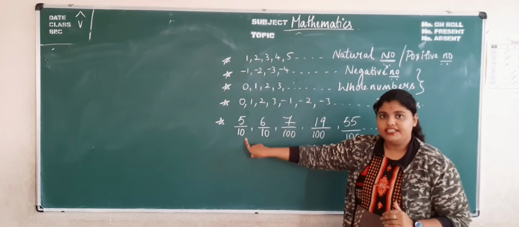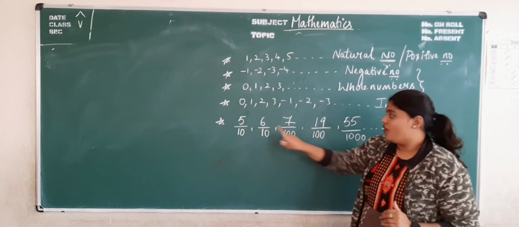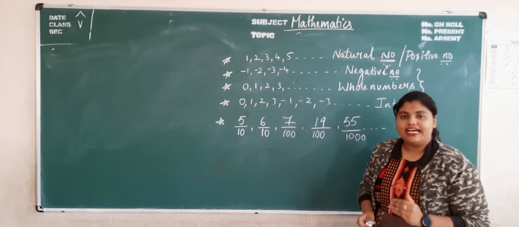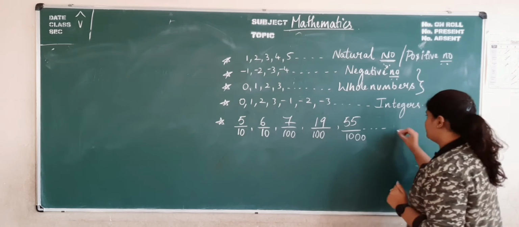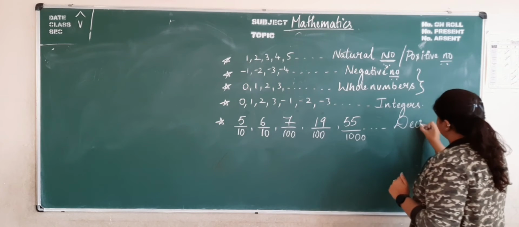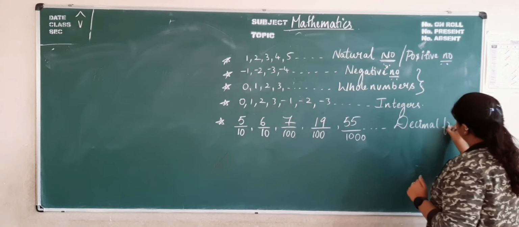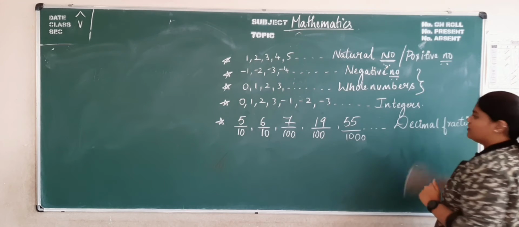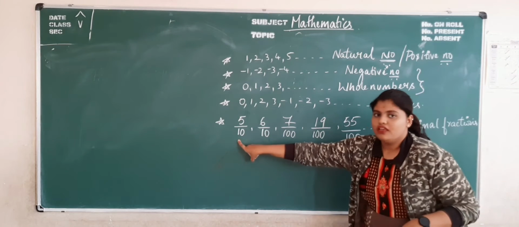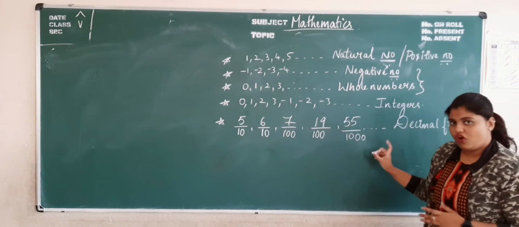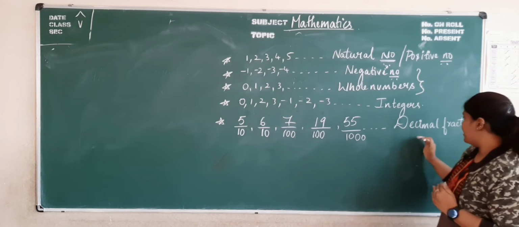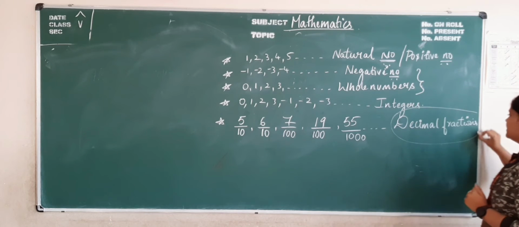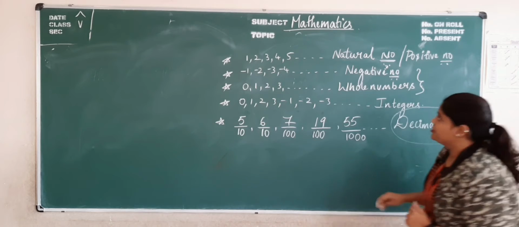When the denominator in the given fraction is 10 or 100 or 1000 and so on, it is called a decimal fraction. So your next chapter is decimal fractions.